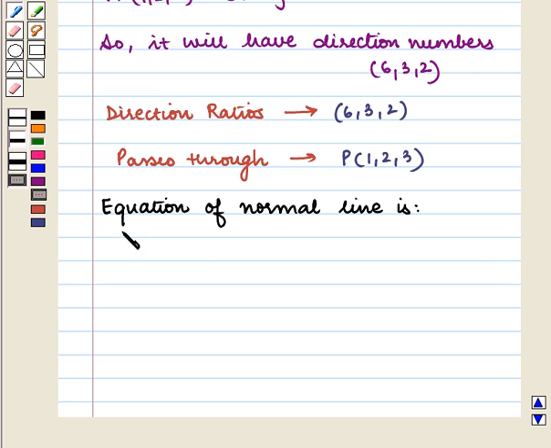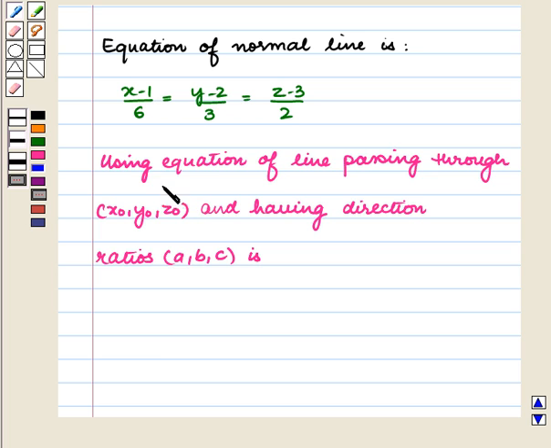So the equation of the normal line is (x minus 1) upon 6 equal to (y minus 2) upon 3 equal to (z minus 3) upon 2, using the equation of a line passing through x0, y0, z0 and having direction ratios a, b, c: (x minus x0) upon a equal to (y minus y0) upon b equal to (z minus z0) upon c.